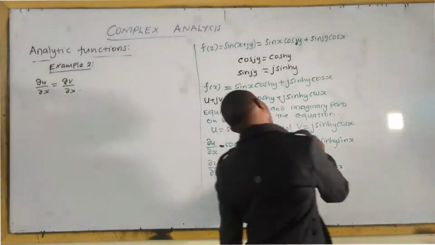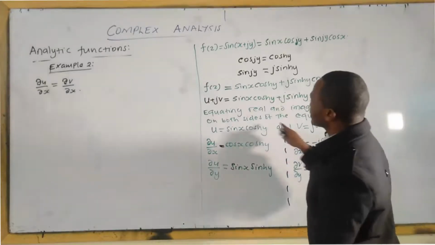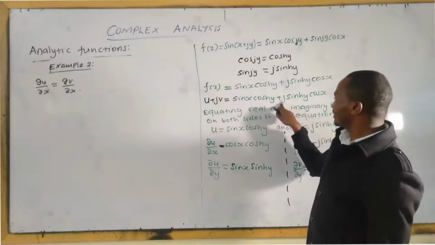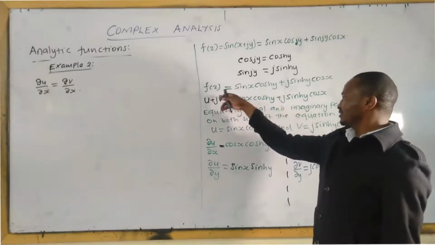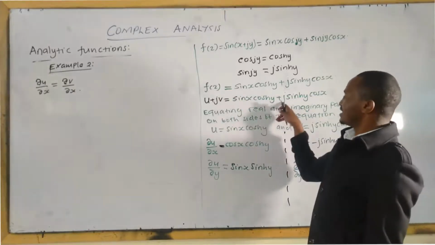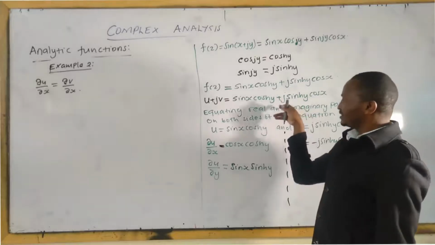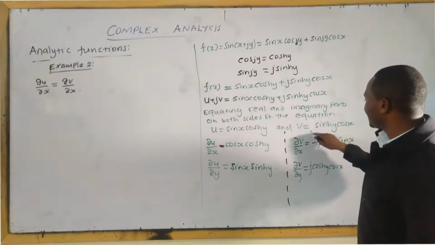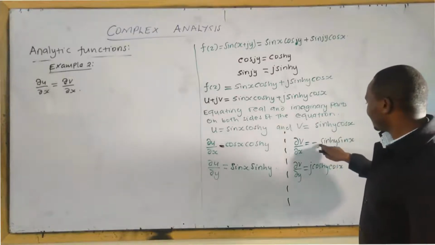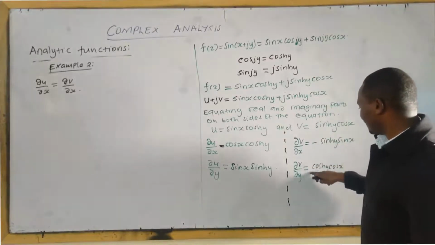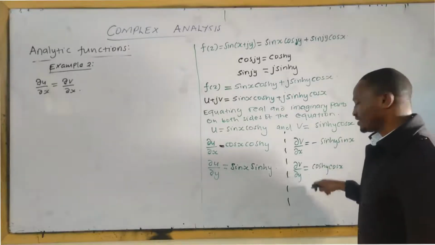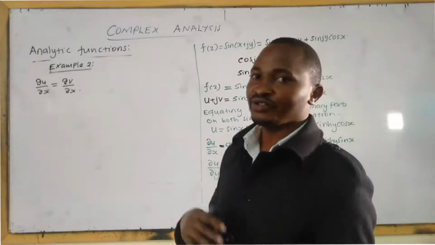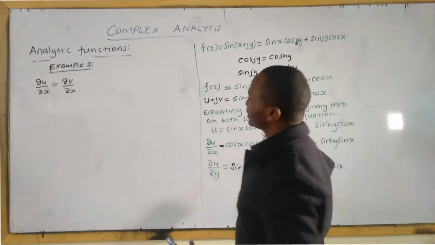This j should not be there, because this j here and the j here will cancel out when you are equating. I hope you have noticed that mistake I made. Make sure you take your time to correct it when you are watching the video.